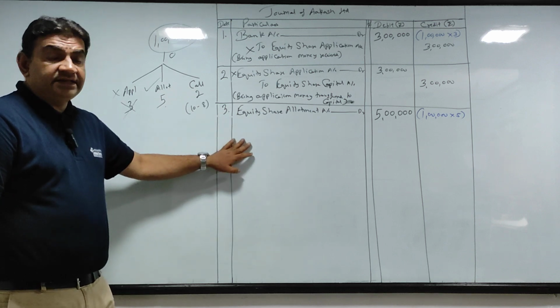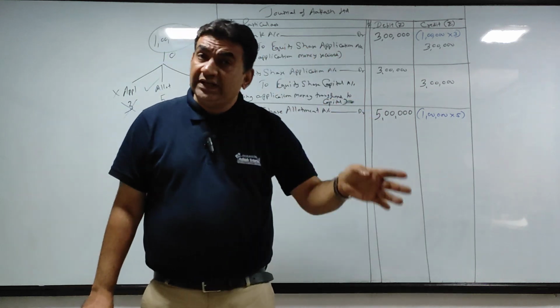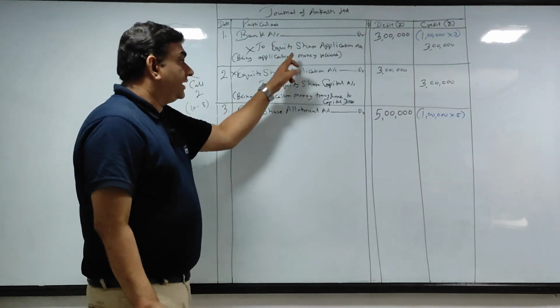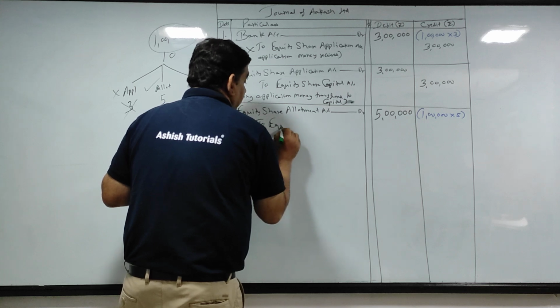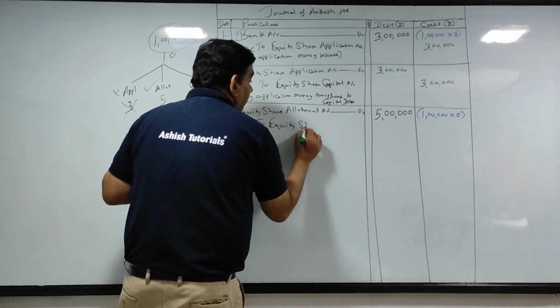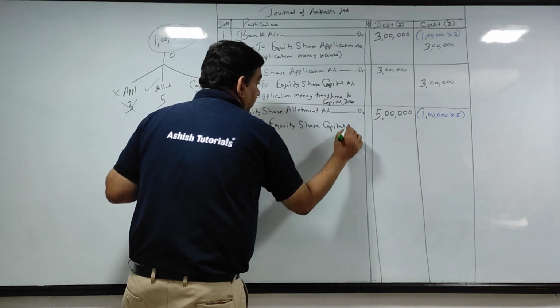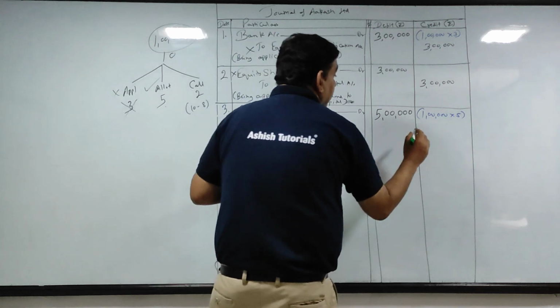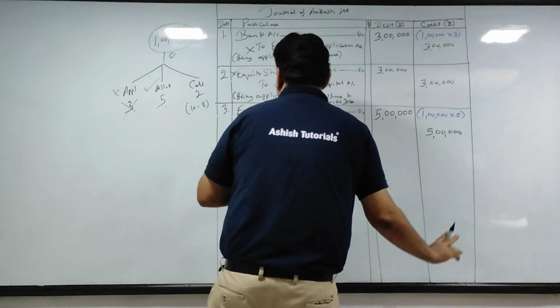And now see, फर्स्ट एंट्री में मैंने कैपिटल नहीं लिखा बिकॉज शेयर्स अलॉट नहीं हुए थे. नाउ शेयर्स अलॉट हुए हैं, सो I will credit equity share capital. Remember, share capital will come into picture only after the allotment is done. So, to equity share capital account 5 lakhs.